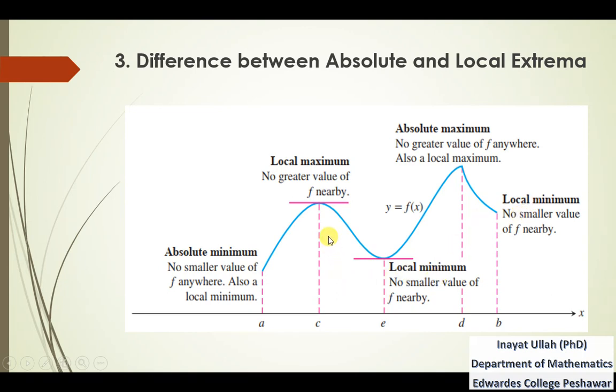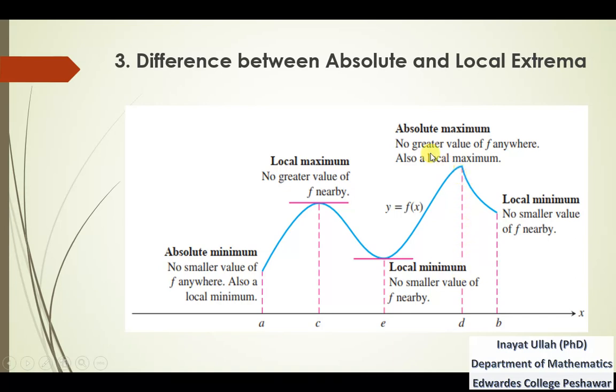Similarly here, there are maximum values. For example, at x equal to c, f of c is a maximum, and for x equal to d, f of d is a maximum. Between these two maximum values of the function, this value is the greatest.